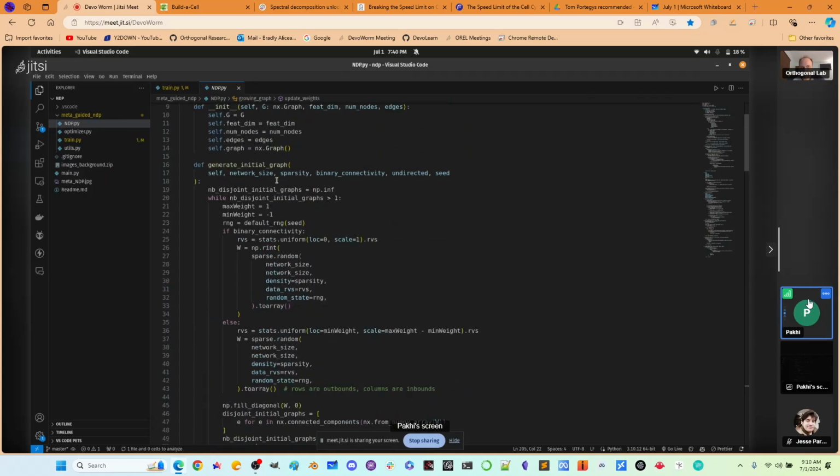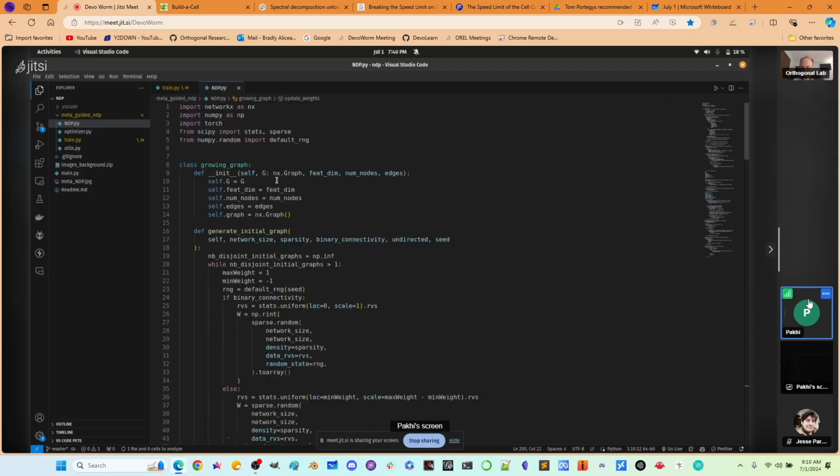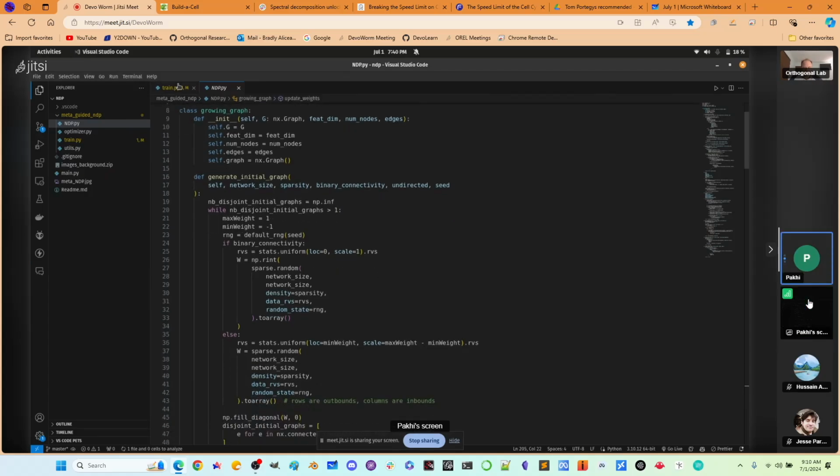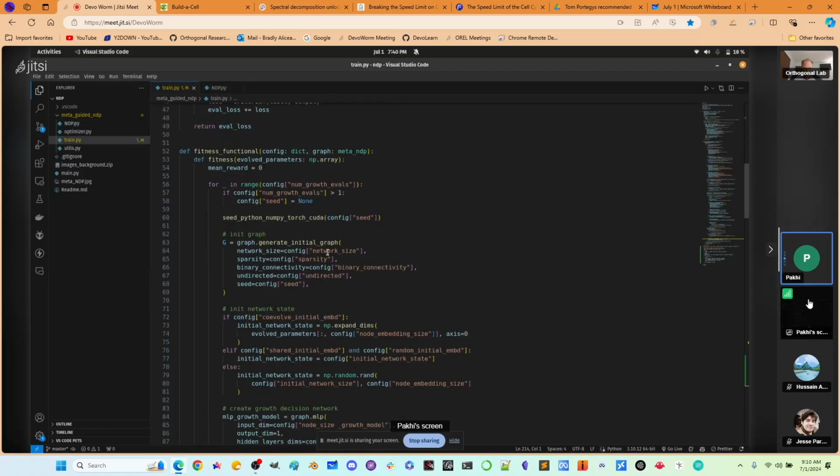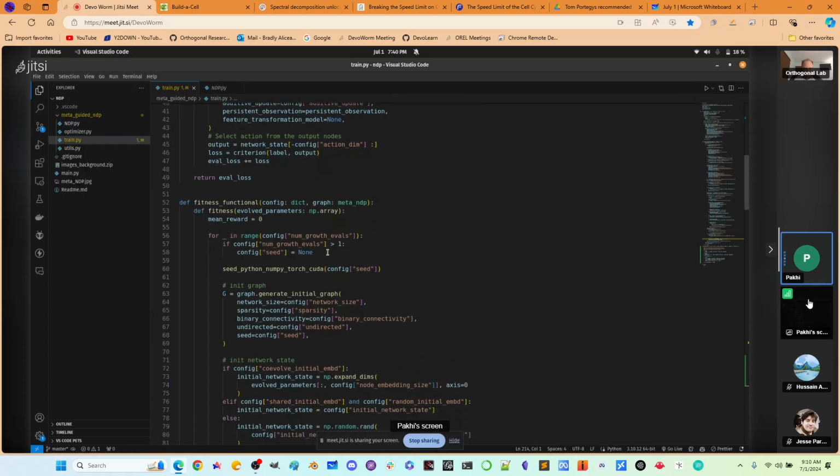I have pushed this code to a repository, not the latest changes, but this NDP file is there, and the train.py file. They're using this function called fitness, where they're basically fitting the model with the right parameters. That's why the name.